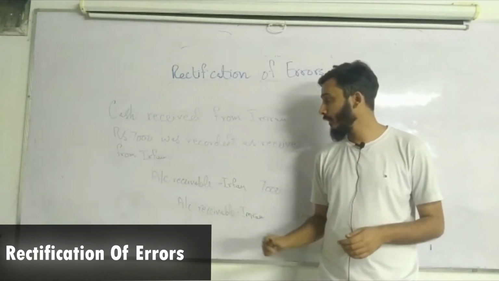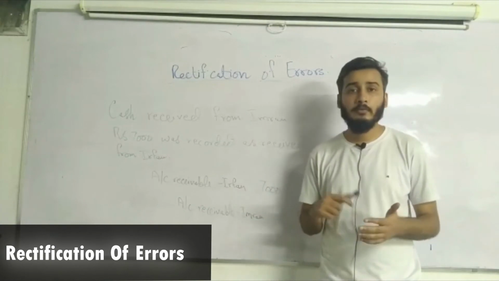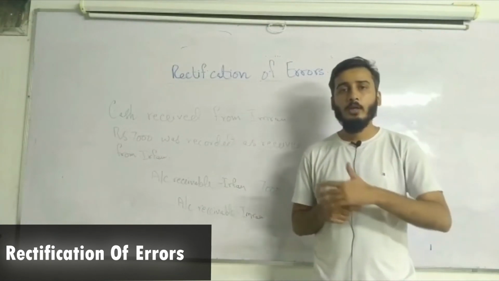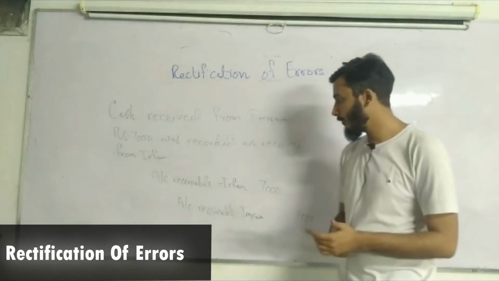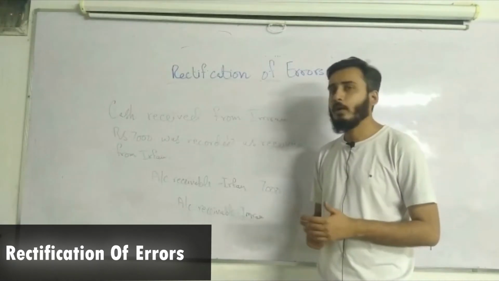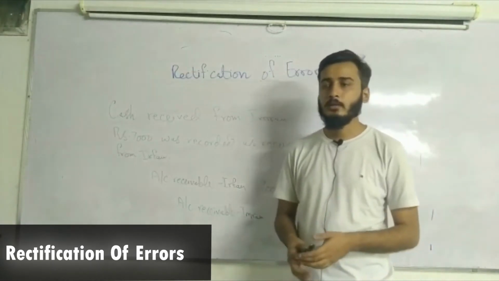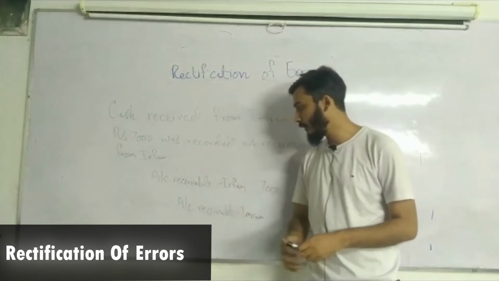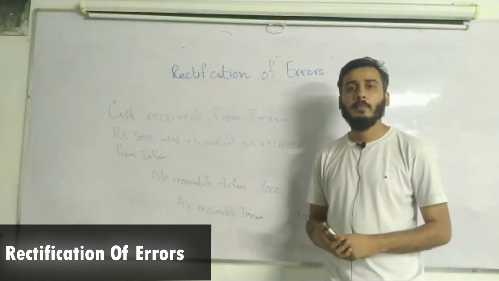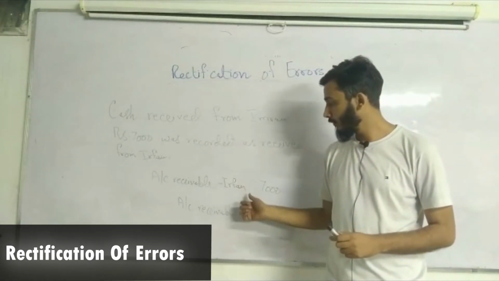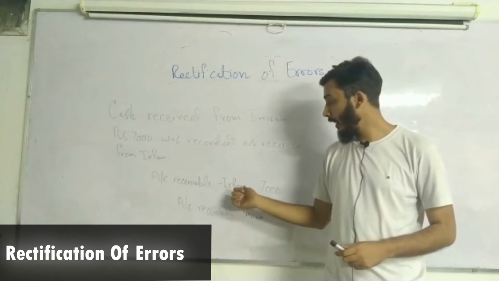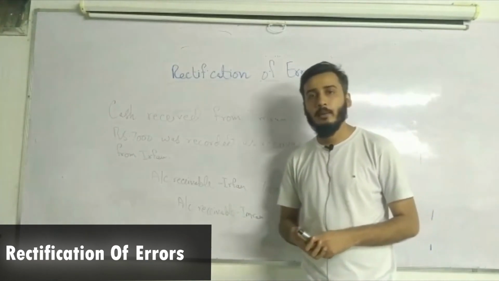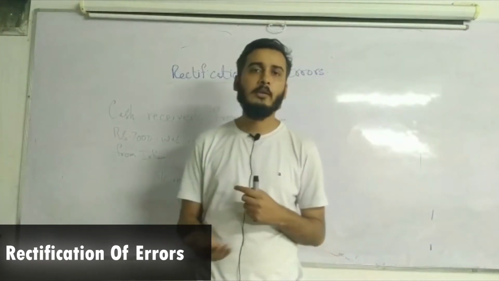But I passed the entry cash debit and account receivable of Irfan credit. Therefore, for rectifying this entry, I have to debit the Irfan account which I credited in the past and credit Imran's account receivable, so that the real one shall be credited and the wrong one shall be debited and set off with the credit ones.